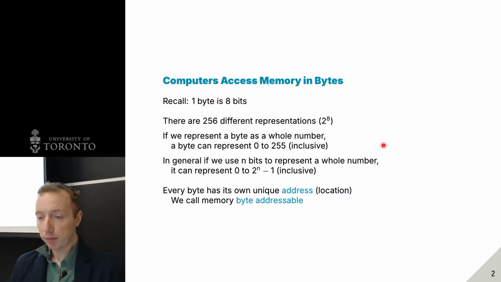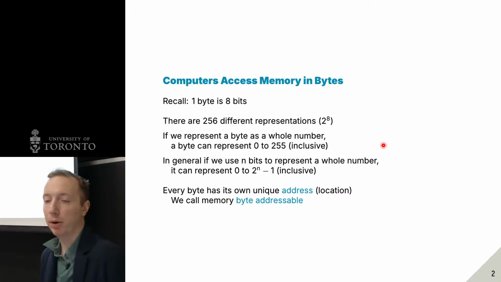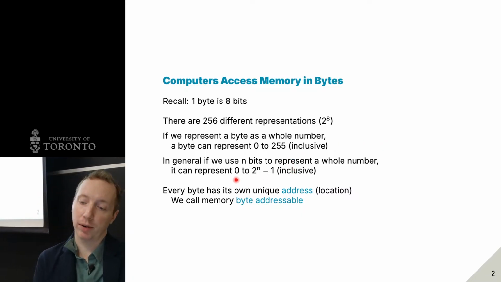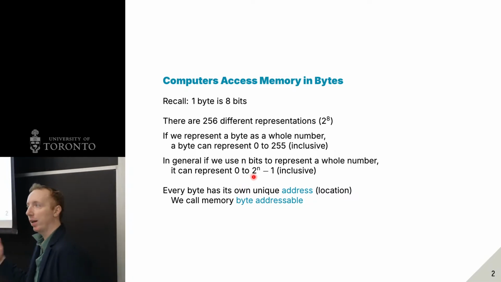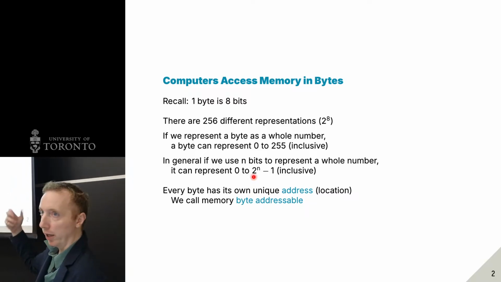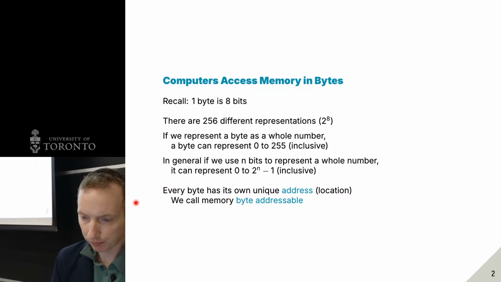In general, if you want to use n bits to represent a whole number, it can represent all the values from 0 all the way up to 2 to the n minus 1, if you like math formulas. You can plug in 8 bits there to get the same answer, 0 to 255.